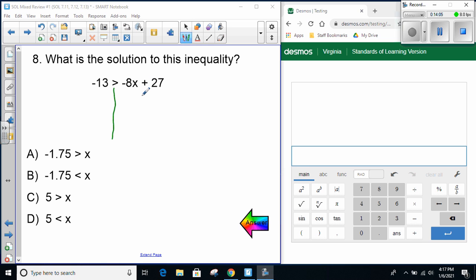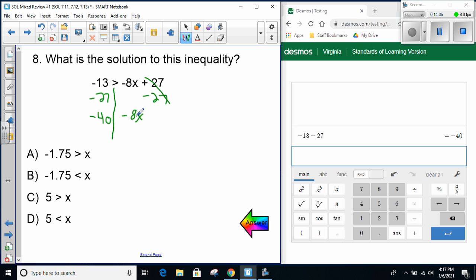All right, welcome back. So your first step should have been to undo your addition with subtraction. So we subtract 27 on both sides. Positive 27 minus 27 is 0, so you're left with negative 8x. And negative 13 minus 27 is negative 40.